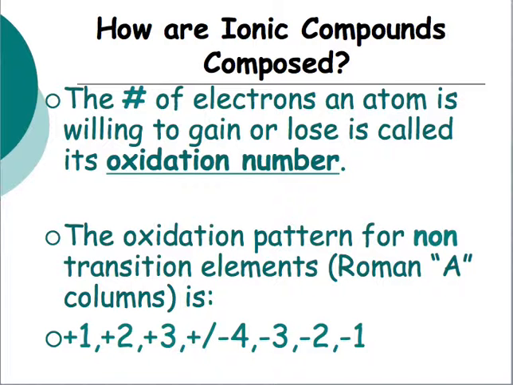And then column 15, or 5A, gets a -3 charge. Column 6A has a -2 charge. And column 7A has a -1 charge. So respectively, we go 1, 2, 3, 4, 3, 2, 1, with the left side being positive and the right side being negative.